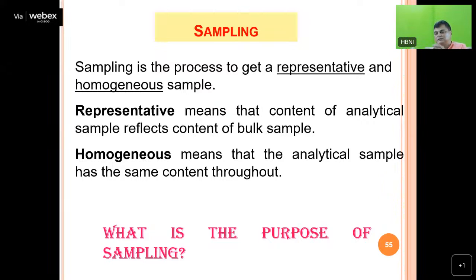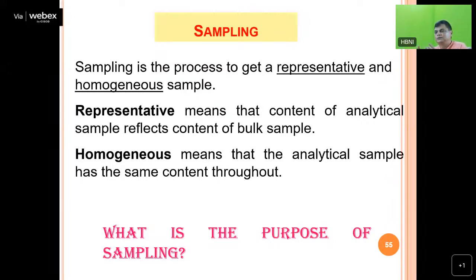So you will just select a small portion of that particular material which you have synthesized and give it to the analytical chemist. That portion should represent the whole content of your bulk sample. So that is the meaning of representative: the content of the analytical sample reflects the content of the bulk sample.